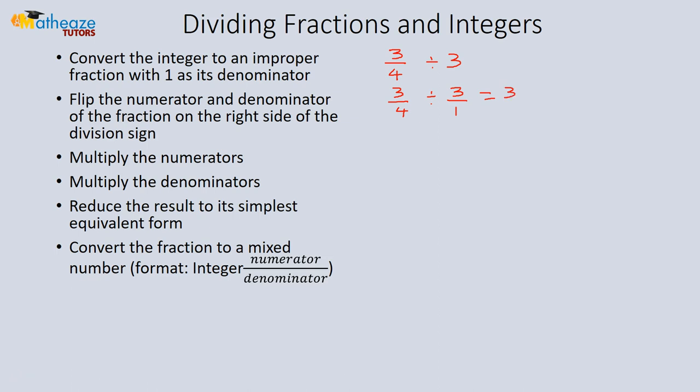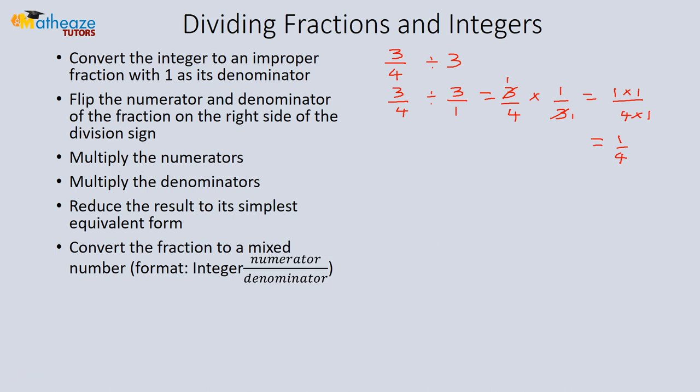So we continue our division process. 3 over 4, we change this to a multiplication sign, and then we flip the right hand side. So we have a common factor here, so 1 and 1. So this is 1 times 1 over 4 times 1. This is going to give us 1 over 4.